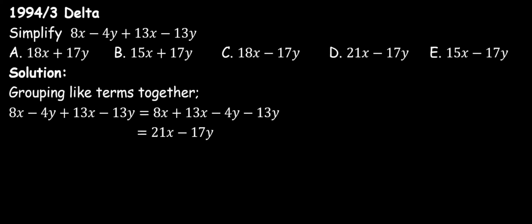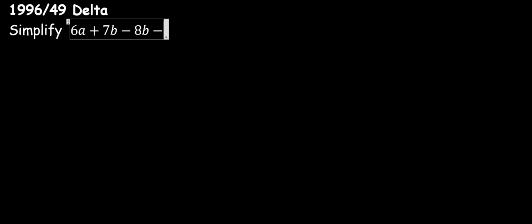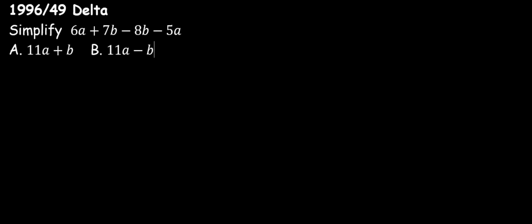Another example. Simplify 6a plus 7b minus 8b minus 5a. Option A, 11a plus b. Option B, 11a minus b. Option C, a plus b. Option D, a minus b. Option E, b minus a.